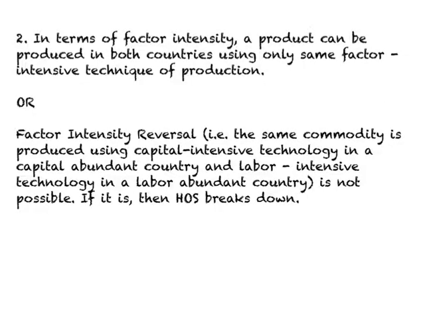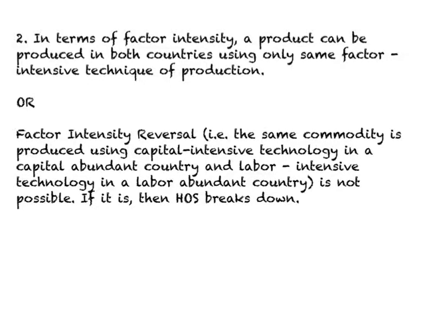In the previous video, I talked about factor intensity reversal, and by that we mean the same commodity is produced using capital intensive technology in a capital abundant country and labor intensive technology in a labor abundant country. And if factor intensity reversal is prevalent, in such a case the HOS model breaks down.